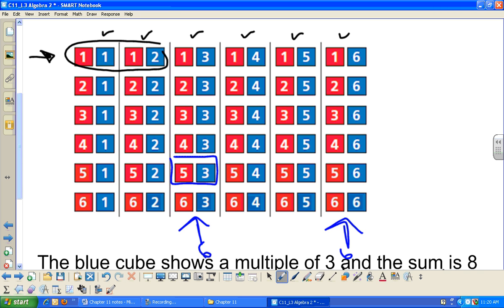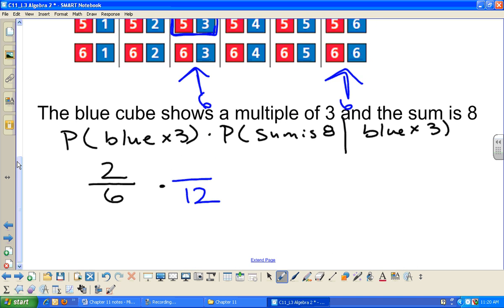I have one sum here, 5 plus 3, and I have another sum here, 2 plus 6. I have 2 answers that could be correct. So that'd be 2 out of 12. So if I reduce before I multiply, this will also be 1/18. So be careful when you're doing dependent events. It does help to write out pictures if you have to.